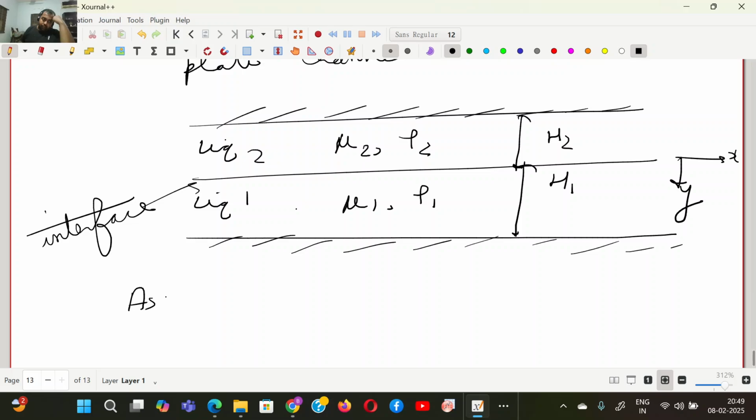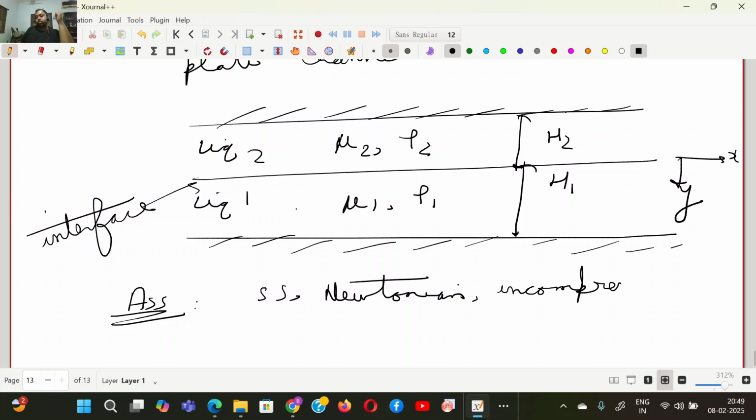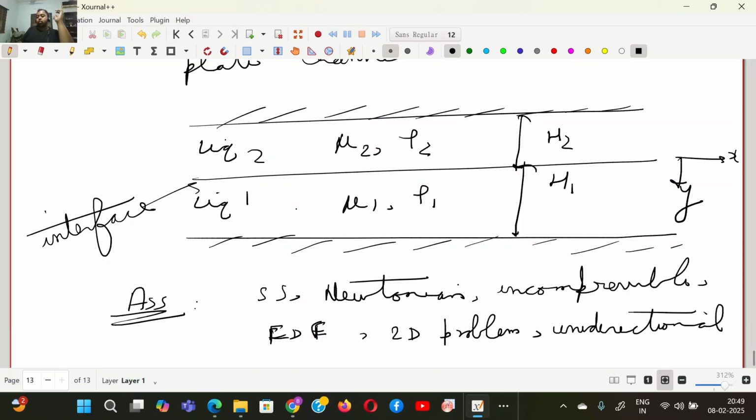The assumptions I'm already giving you: steady state, Newtonian fluids both, incompressible fluids both, fully developed flow, unidirectional. It's a 2D problem. It's unidirectional flow, only in the x direction there is flow.